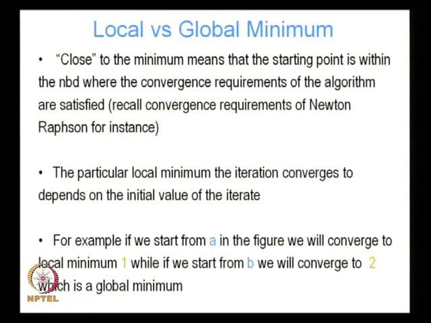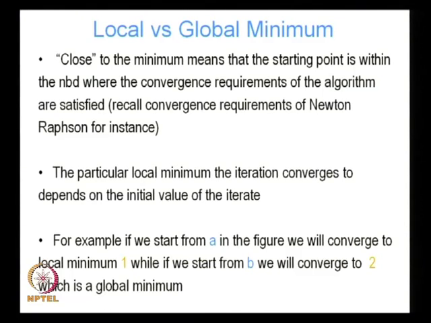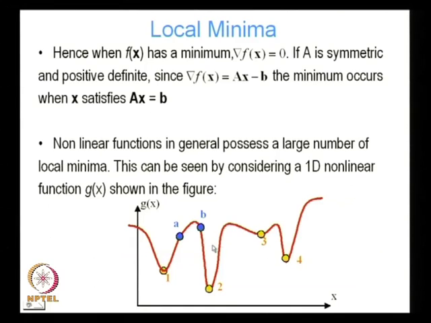So, we are assured to converge only when we are within that neighborhood, and the particular local minimum the iteration converges to depends on the starting value of my iterate. For instance, if I start from A in the figure, I am going to converge to this local minimum 1.